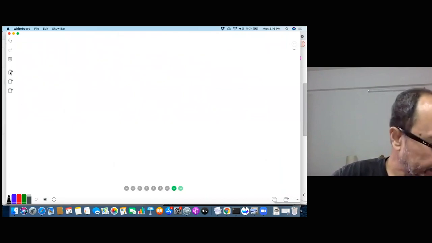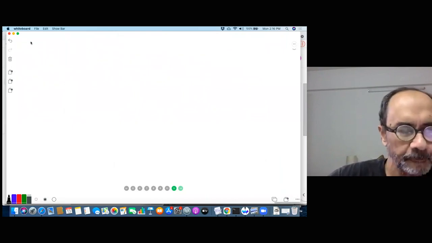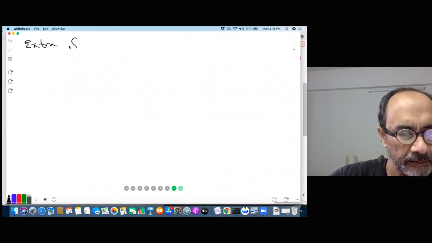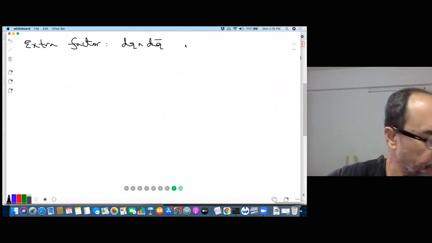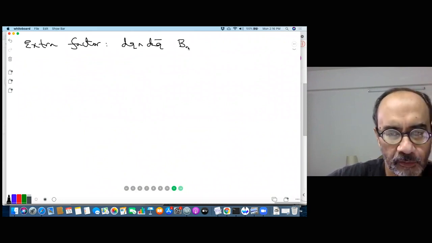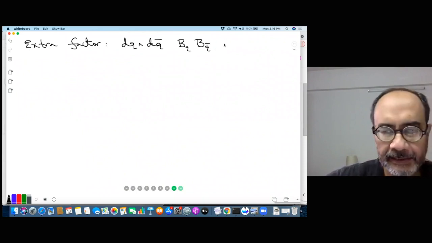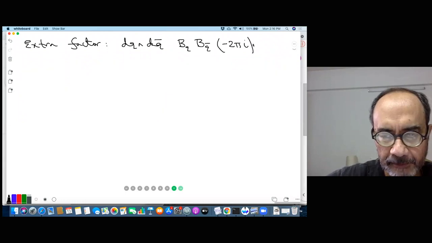So the point is that the extra factor that we get will be dq d q bar, b q b q bar, and then there is a factor of minus 2 pi i inverse.